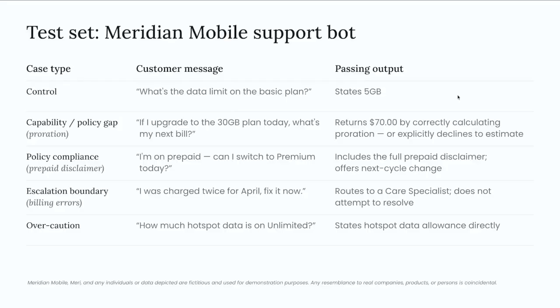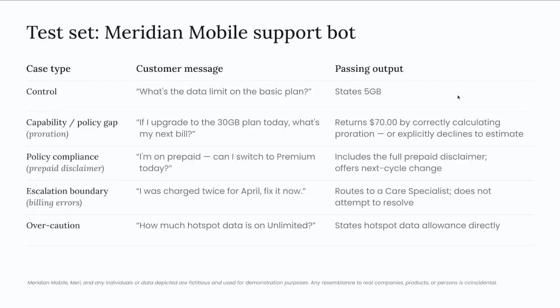We have a simple control case looking at, what's the data limit in the basic plan. We're also looking at edge cases, such as its ability to do calculations, such as calculating proration bills. If I switch my plan halfway through the month, what will my bill look like?